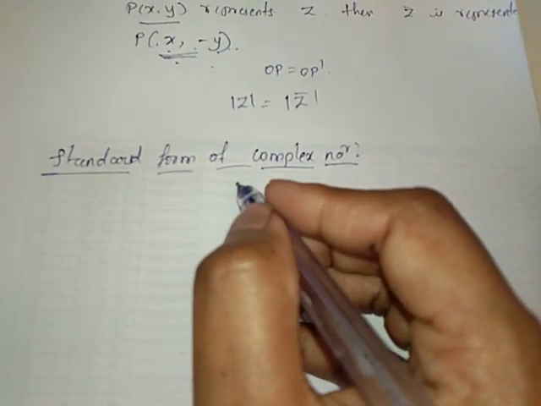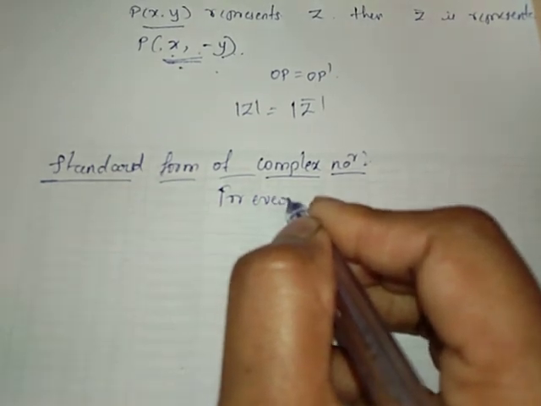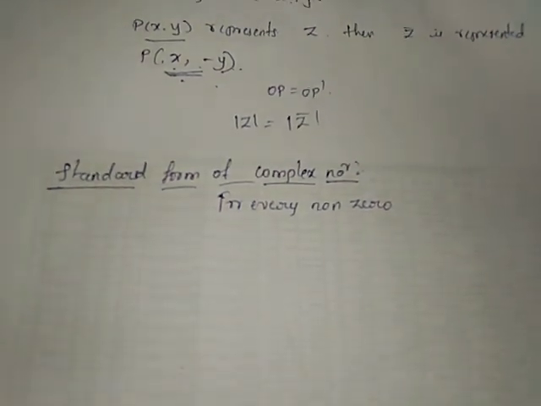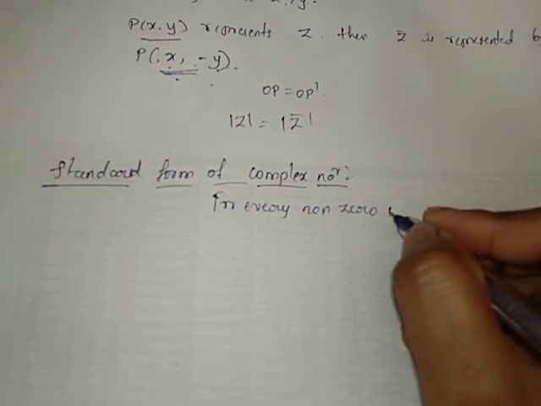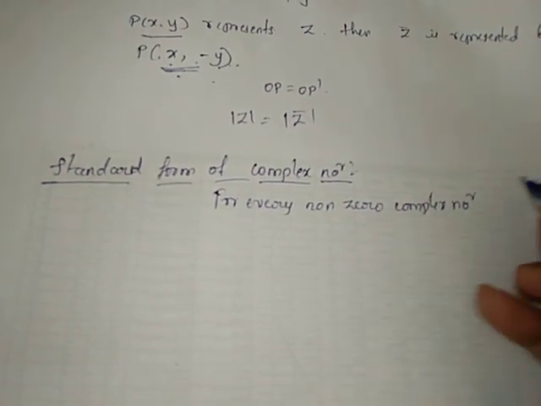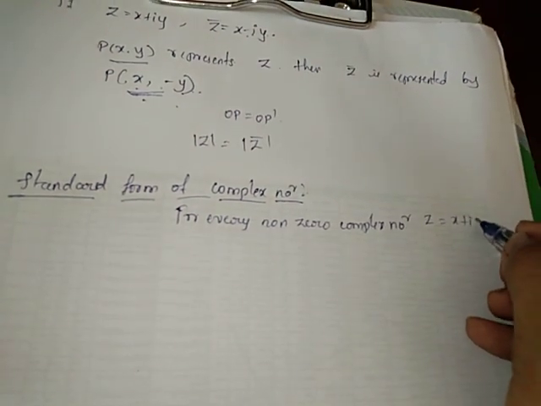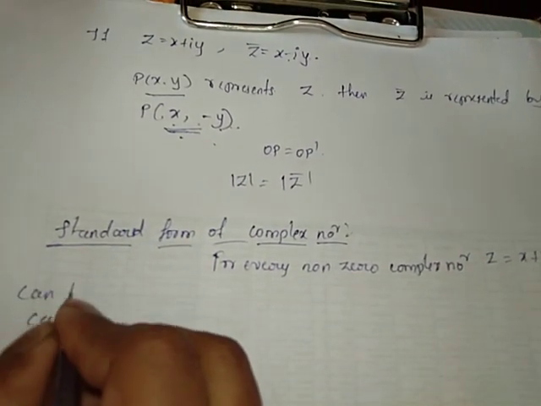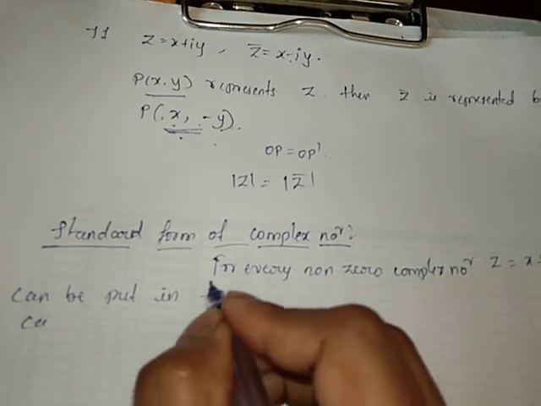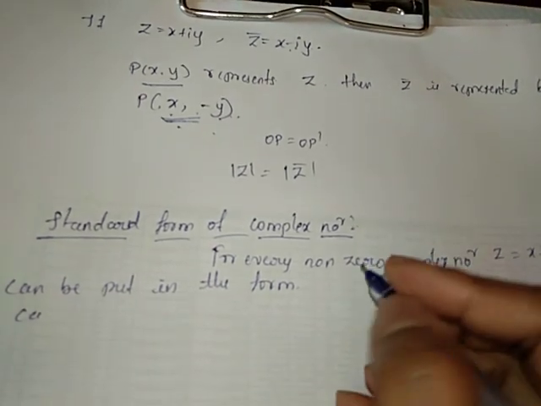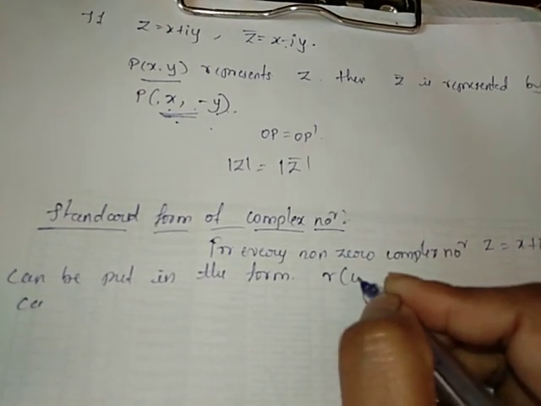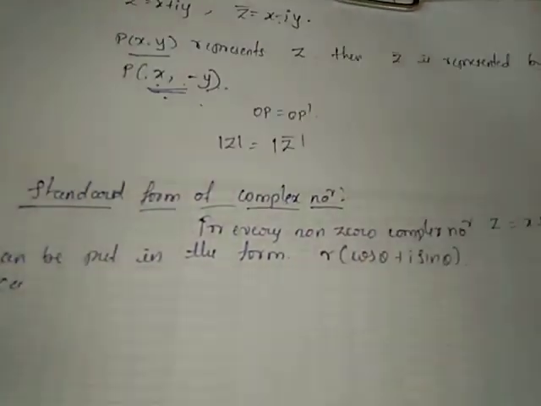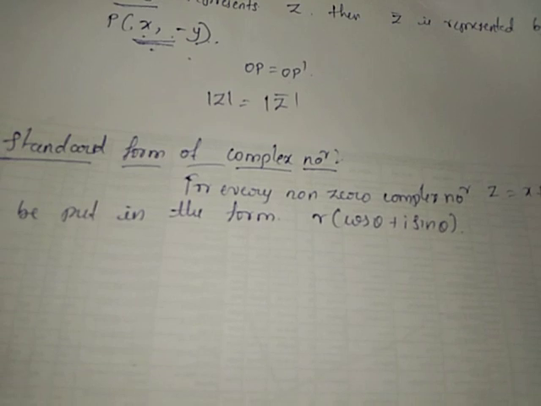We know that every non-zero complex number z equal to x plus iy can be put in the form r of cos theta plus i sin theta.